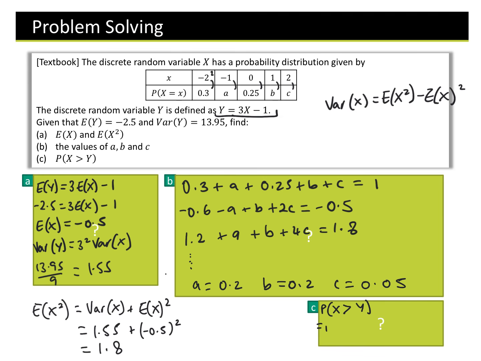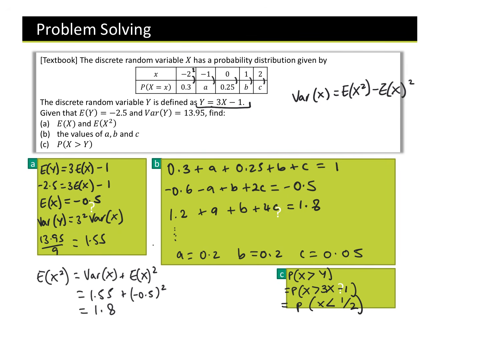So I'm going to rewrite this as the probability of when our outcomes of X is greater than 3 lots of our outcomes minus 1. Rearrange this. If I take away 3x from both sides, and I'm going to divide everything by negative 2, I'm going to end up with the probability that x is less than positive a half, okay?